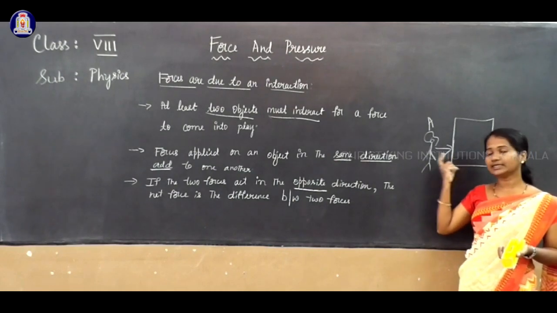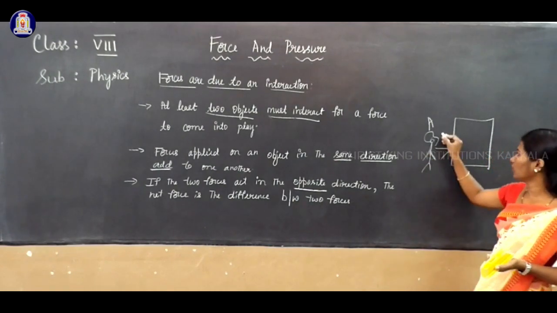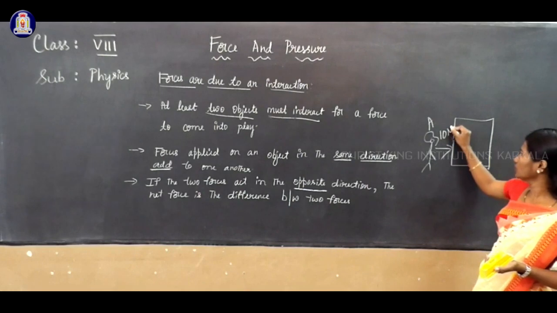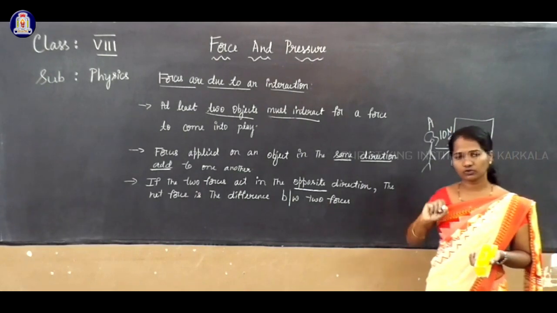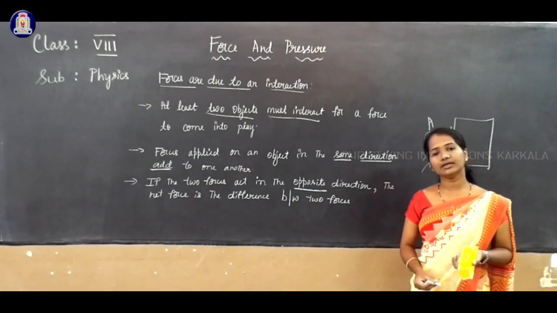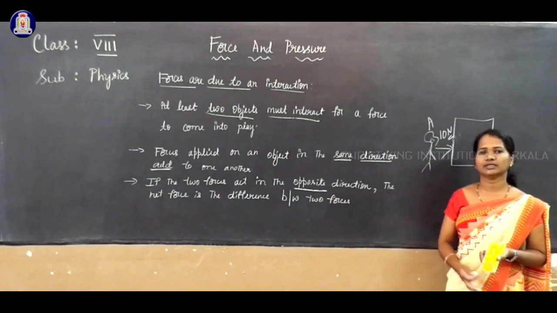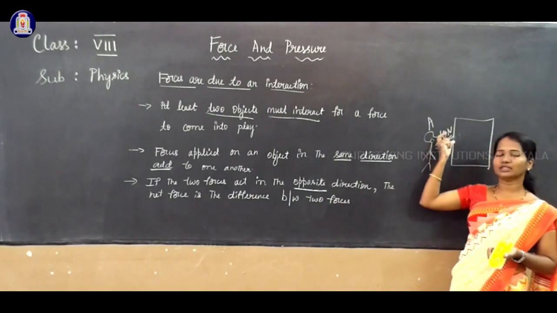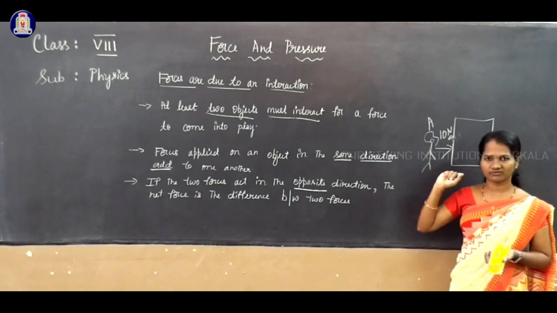So consider he applies a force of about 10 Newton. Newton is the SI unit of force. About that you will study in detail in the next class, that is in the 9th standard. There you will study about the magnitude of the force.